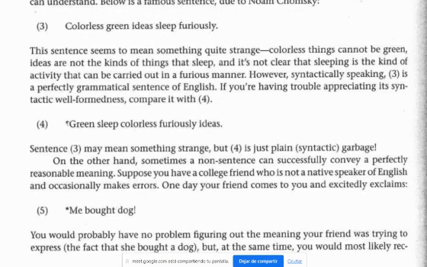In number 4, we have this symbol, and what is the meaning of that symbol? That symbol means that it's syntactically ill-formed: green, sleep, colorless, furiously idea. Wow. That is syntactically ill-formed. Sentence 3 may mean something strange, but 4 is just plain garbage.